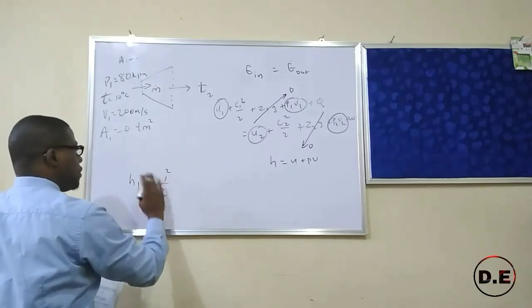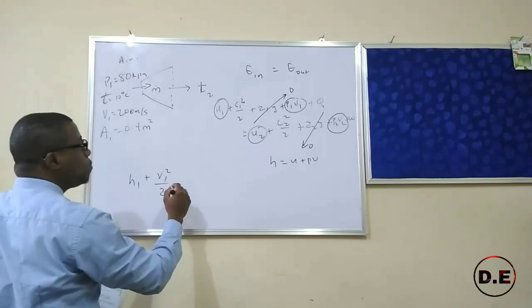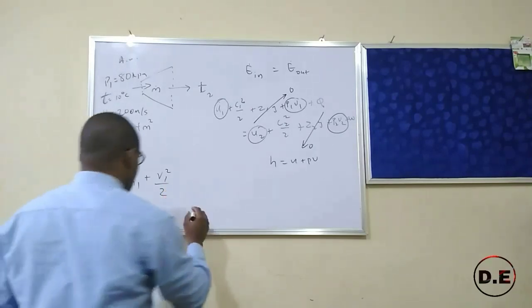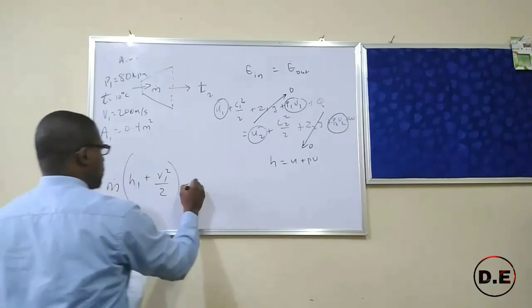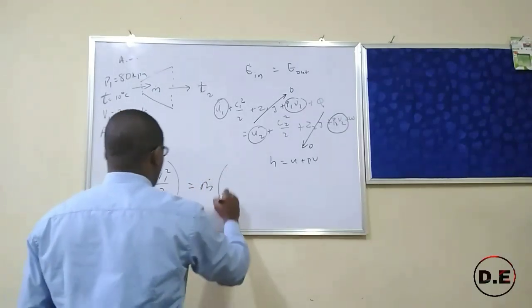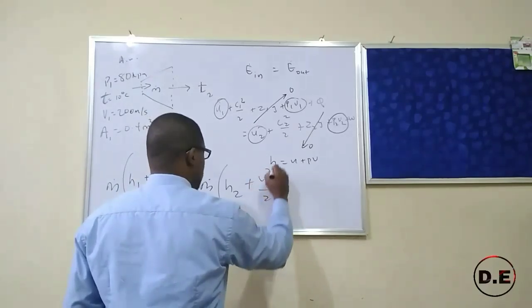In this case, let's reconstruct our nomenclature. I'll use V. This whole energy flow times M dot is equal to M dot into H2 plus V2 squared over 2.